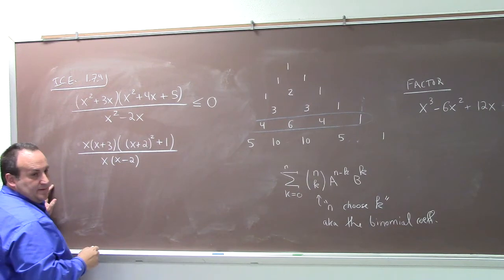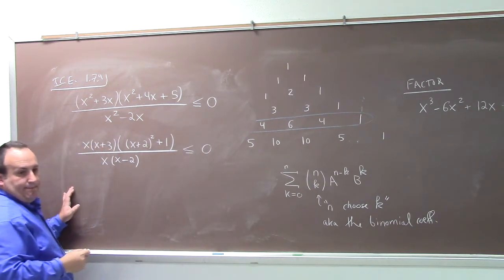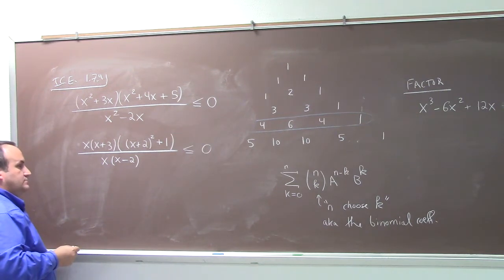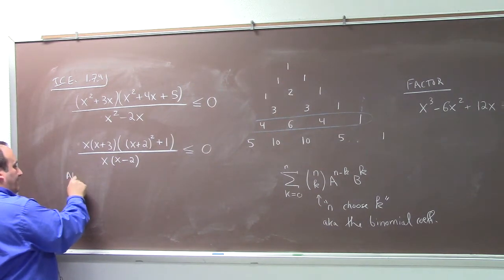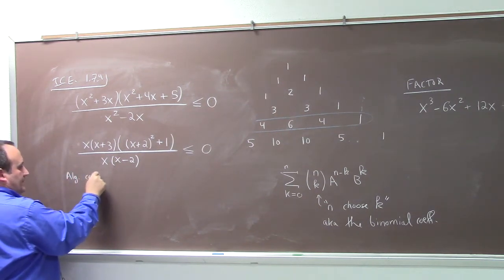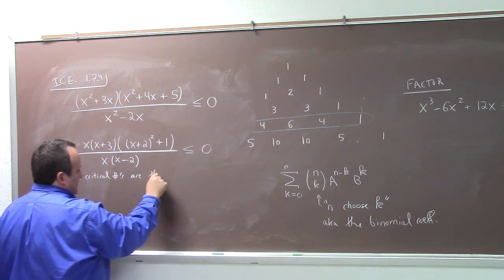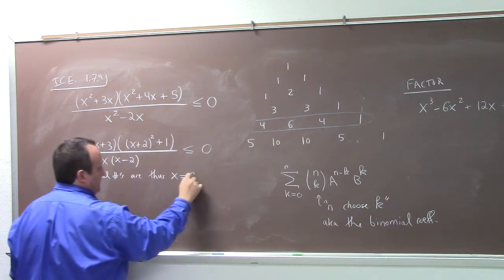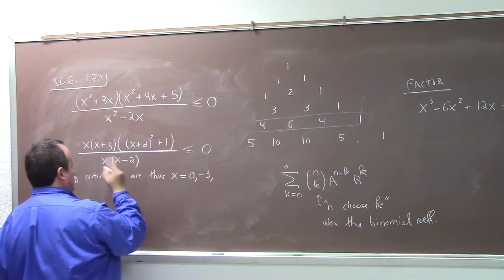We're trying to solve this less than or equal to 0. So our algebraic critical numbers are thus x equal to 0, minus 3, and 2.